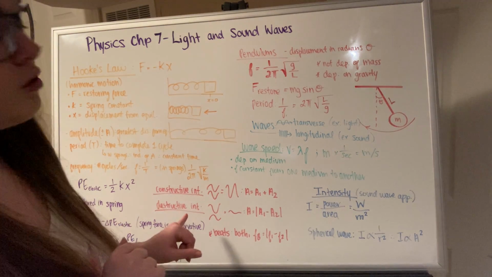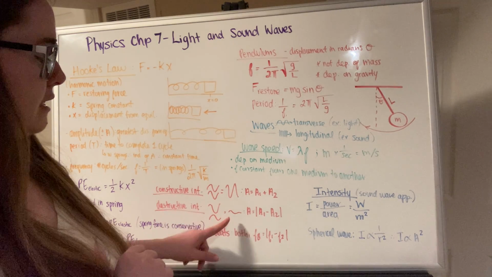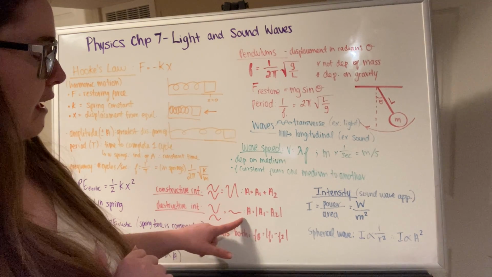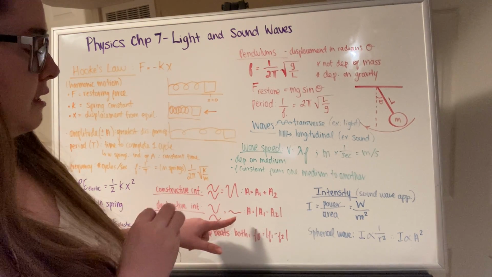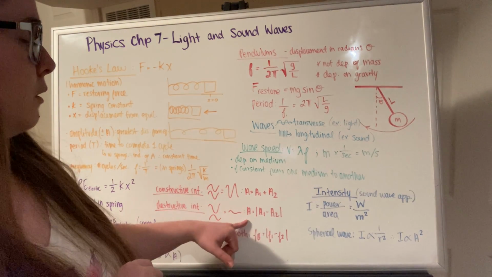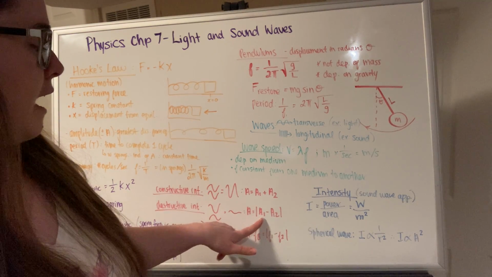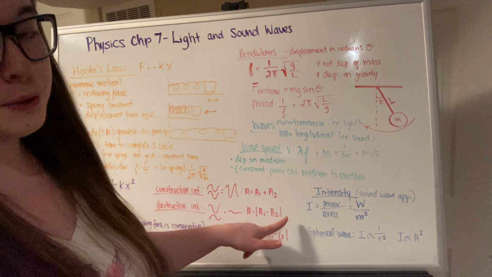But if you have destructive interference, the waves are going to be out of phase, and the amplitude is going to be smaller. The amplitude equals the absolute value of amplitude 1 minus amplitude 2.